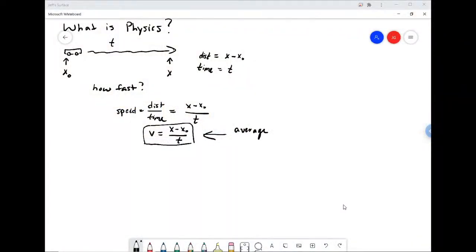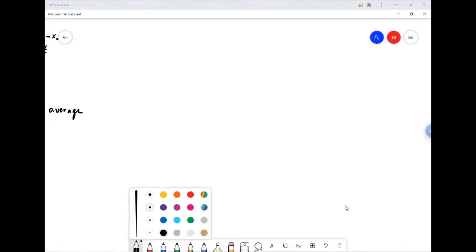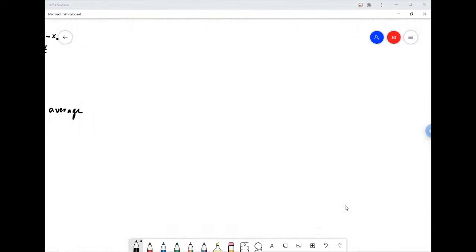Back to the whiteboard. You could say a scalar quantity is just a number.